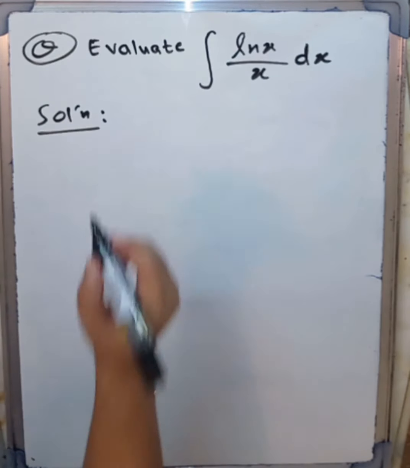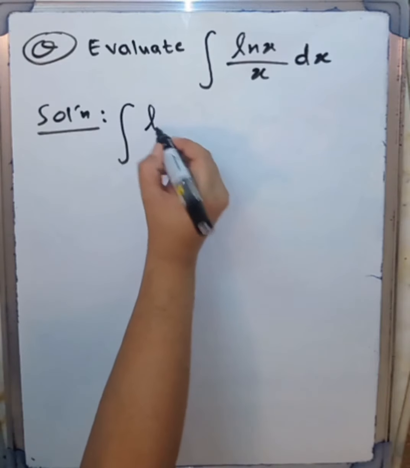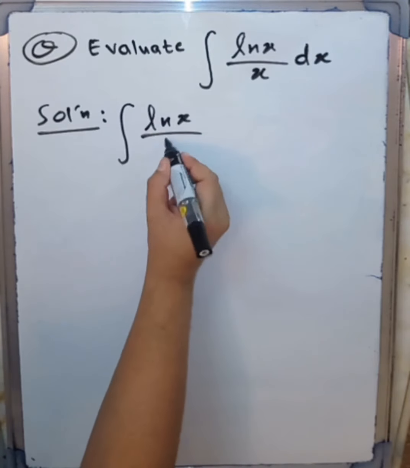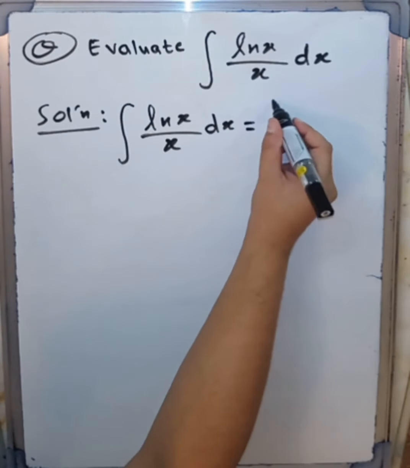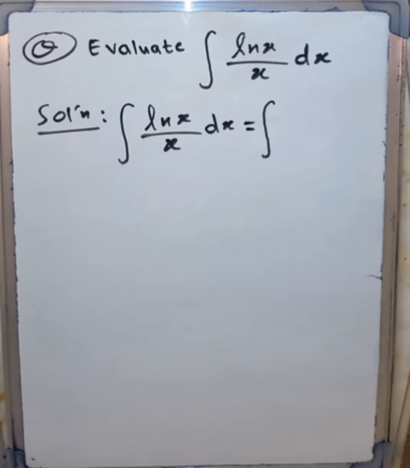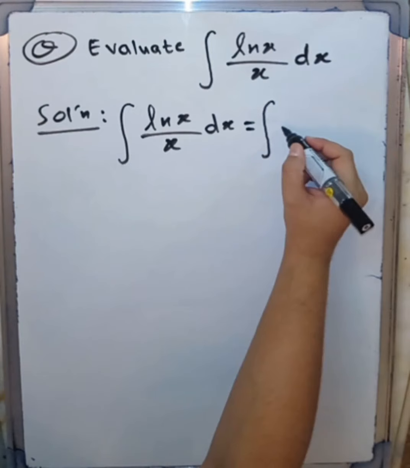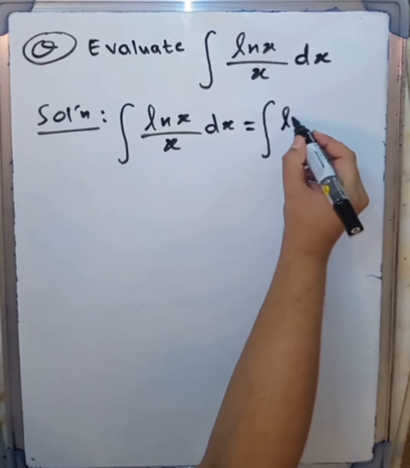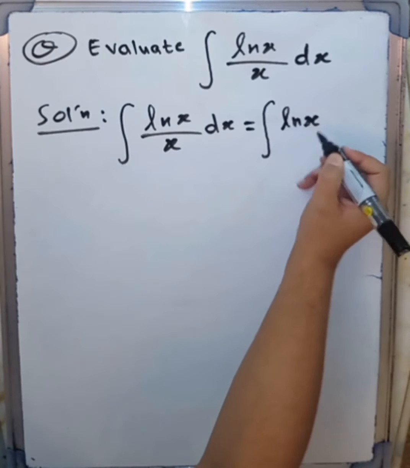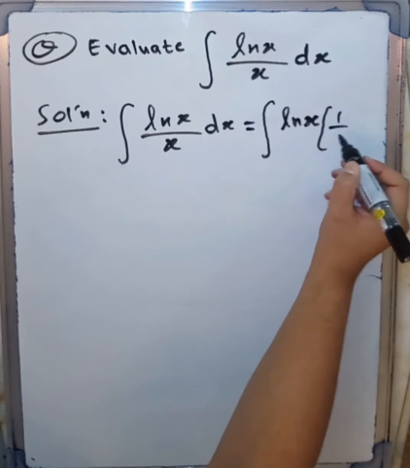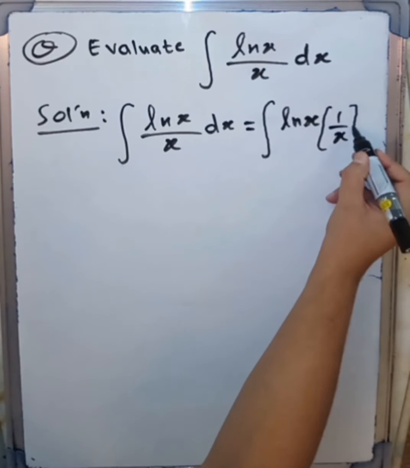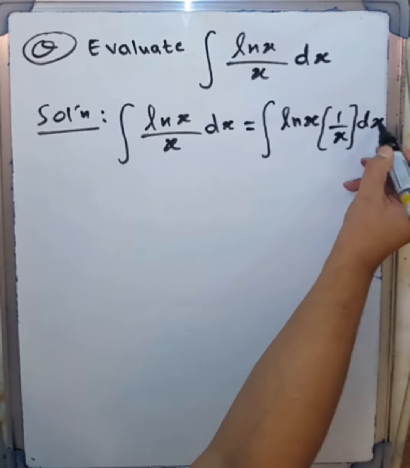So the integral ln x over x dx, in a simpler form we can write as ln x multiplied by 1 by x dx.